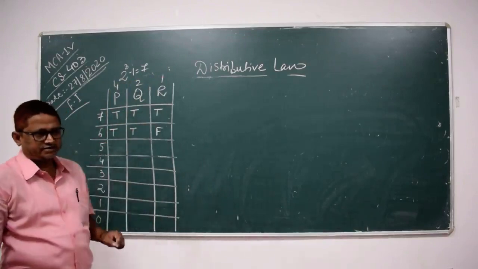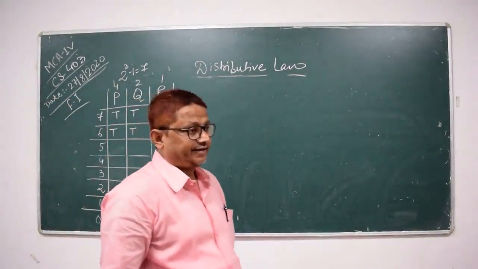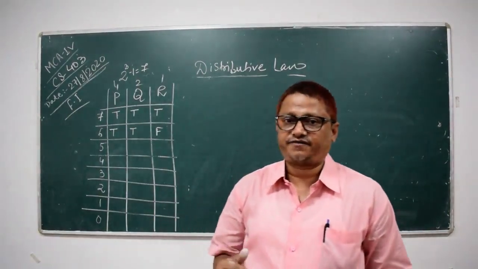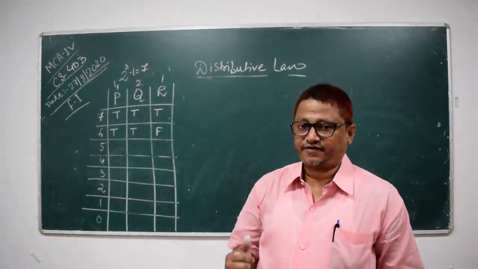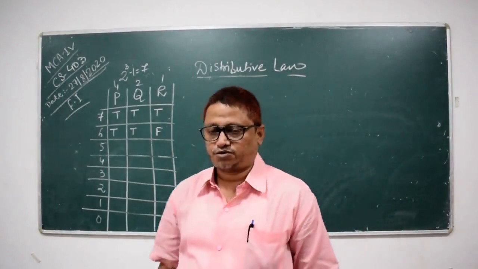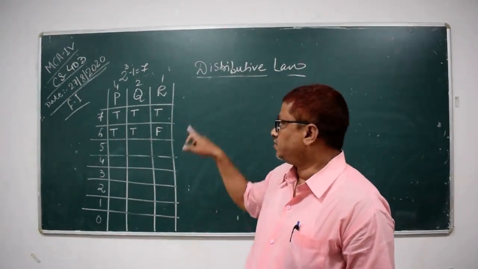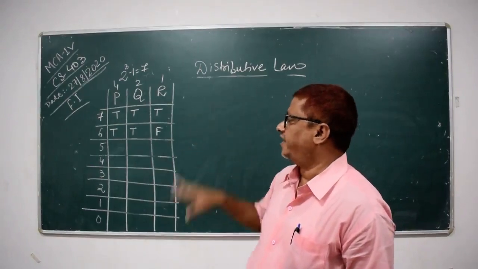We apply the value as per the weight of the position of the variables. P has weight 2 to the power 2, then 2 to the power 1, 2 to the power 0, that is 4, 2, 1.